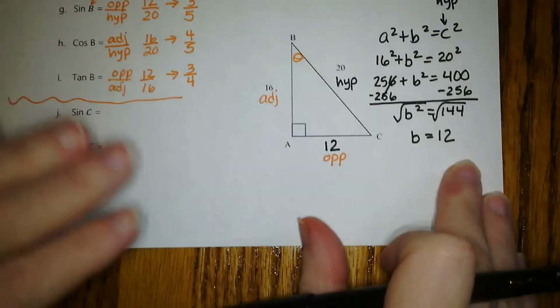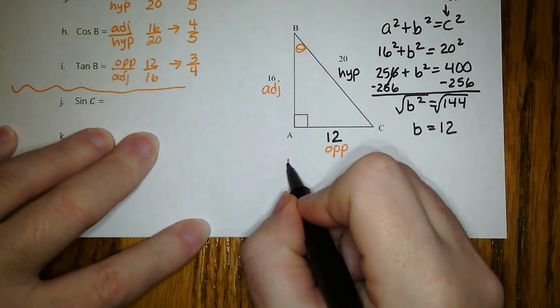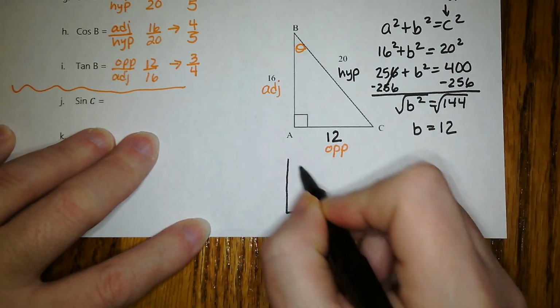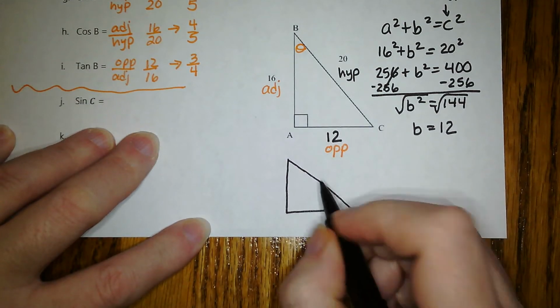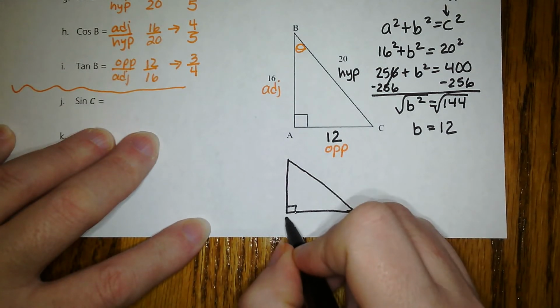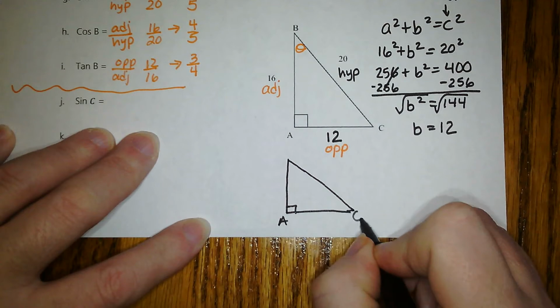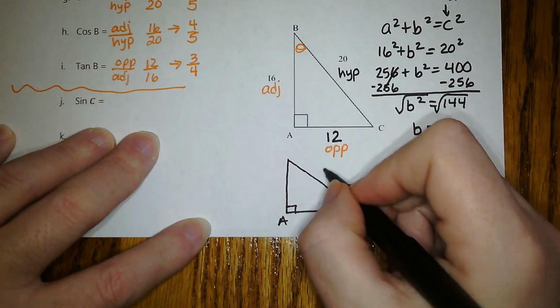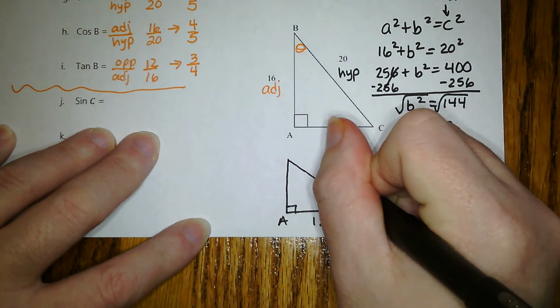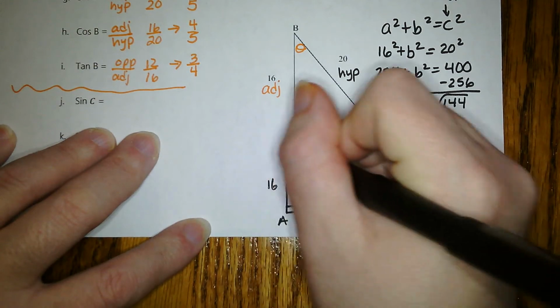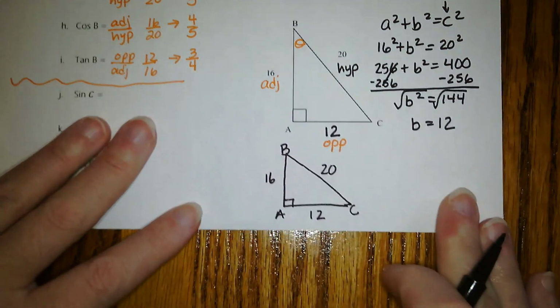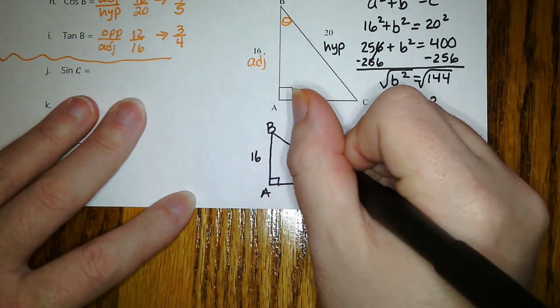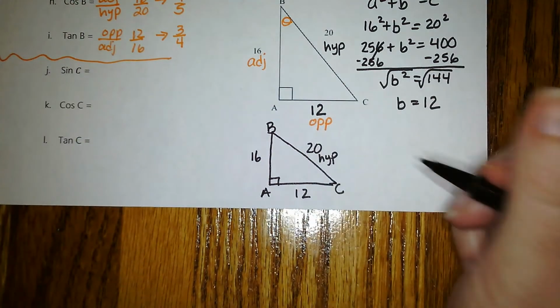I'm going to take 30 seconds and redraw this diagram down here. It doesn't even have to be so big. It's more just making sure I have the labels in the right spot. See, that wasn't bad. And then, of course, my hypotenuse is still 20. The hypotenuse will stay put.